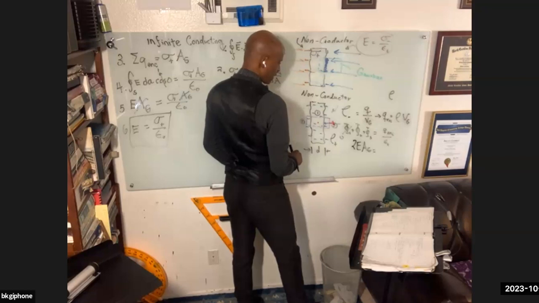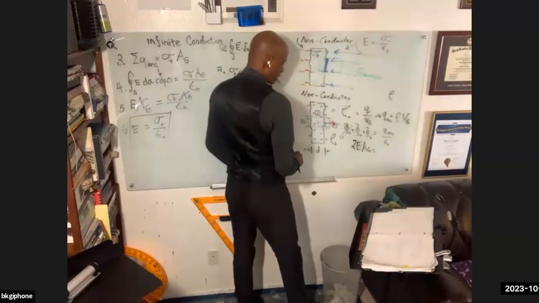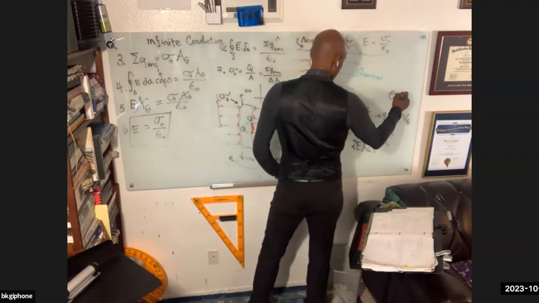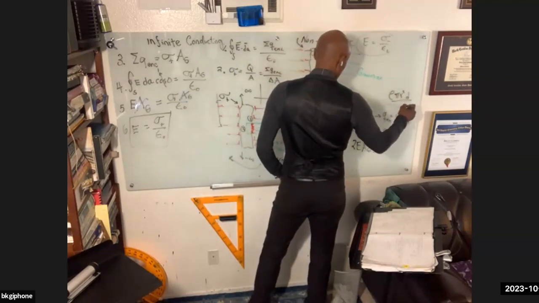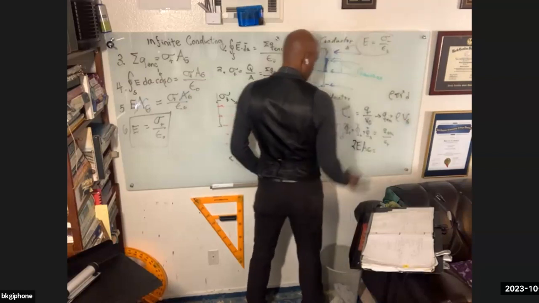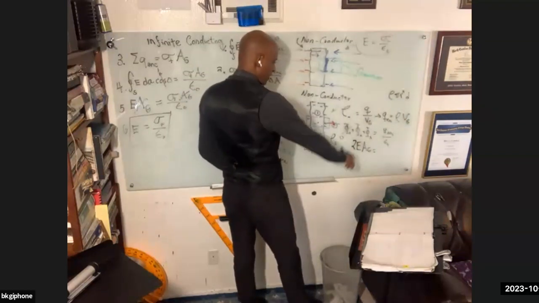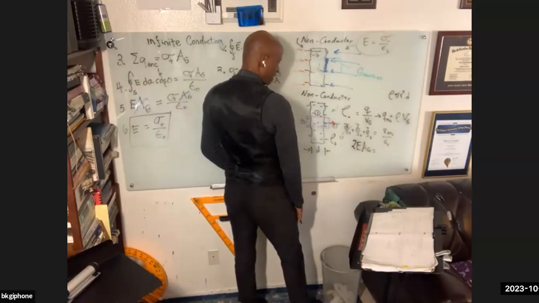I would have to specify that. But then the area of the Gaussian would just be pi r squared.